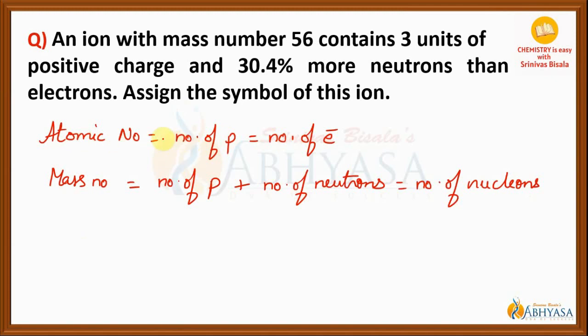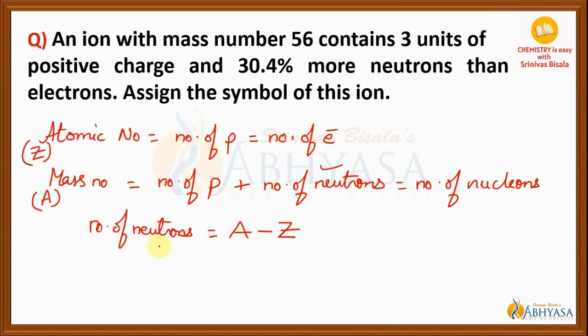Number of protons also we get from atomic number. And to get the number of neutrons, rearrange this one. Number of neutrons is equal to mass number, that is A, minus number of protons. Number of protons is nothing but atomic number given by Z. So mass number is represented by capital A and atomic number is represented by Z.